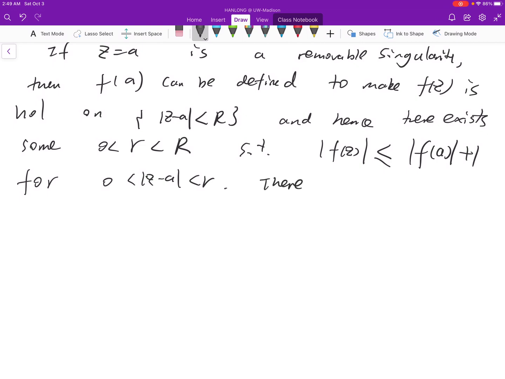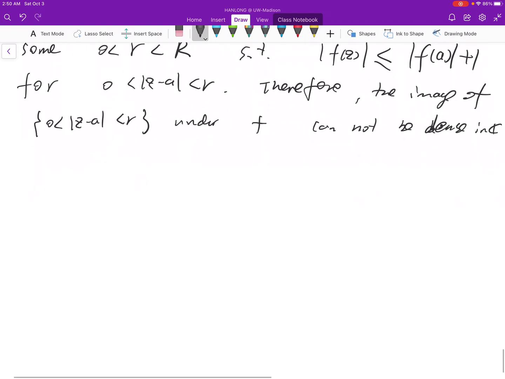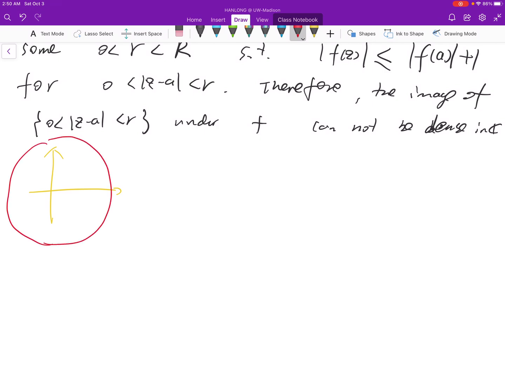And then, therefore, the image of this special punctured disk under f cannot be dense in C. If you draw a picture, it's clear because now your image is bounded in the disk centered at 0 with radius absolute value of f(a) plus 1.